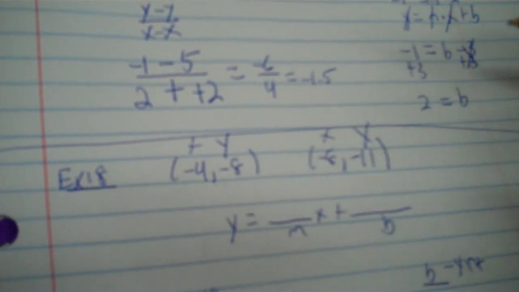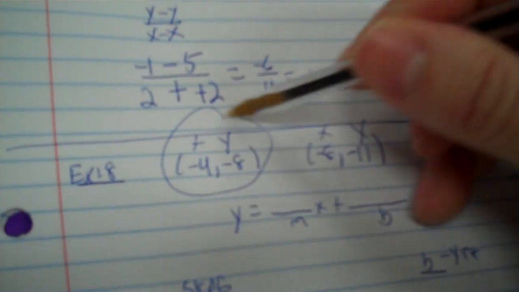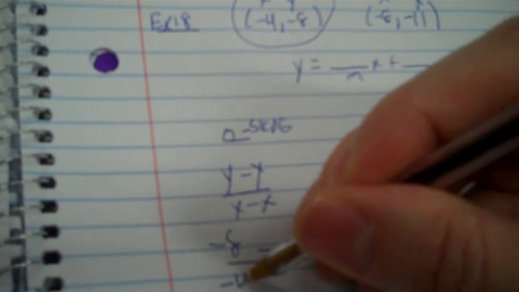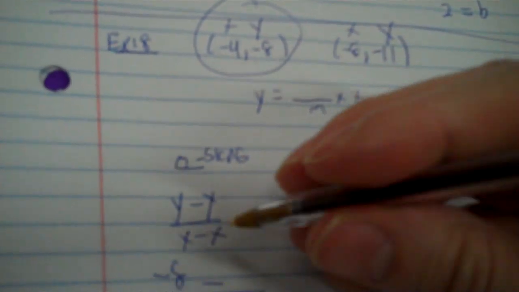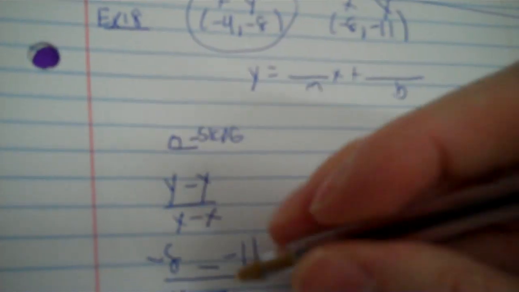So I have -4, -8. -4 is bigger than -8. I'm actually going to start here. I'll put -8 on top, -4 on bottom. Then I'll put -11 on top, -8 on bottom.